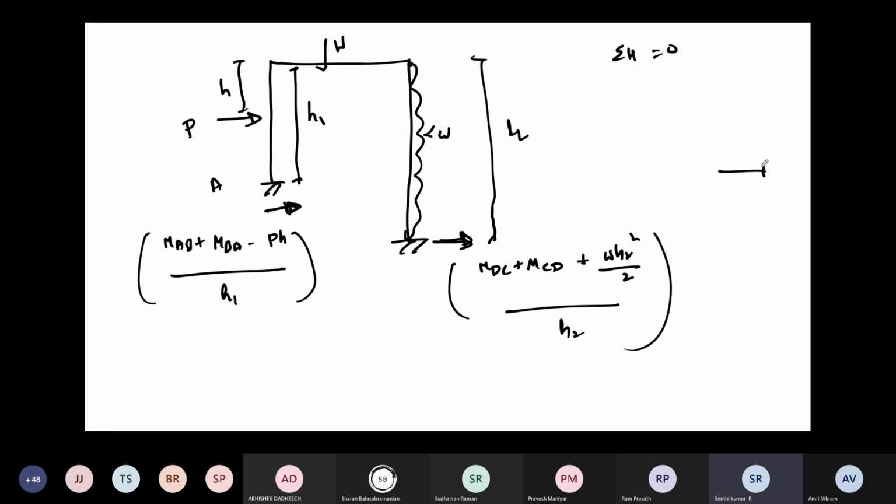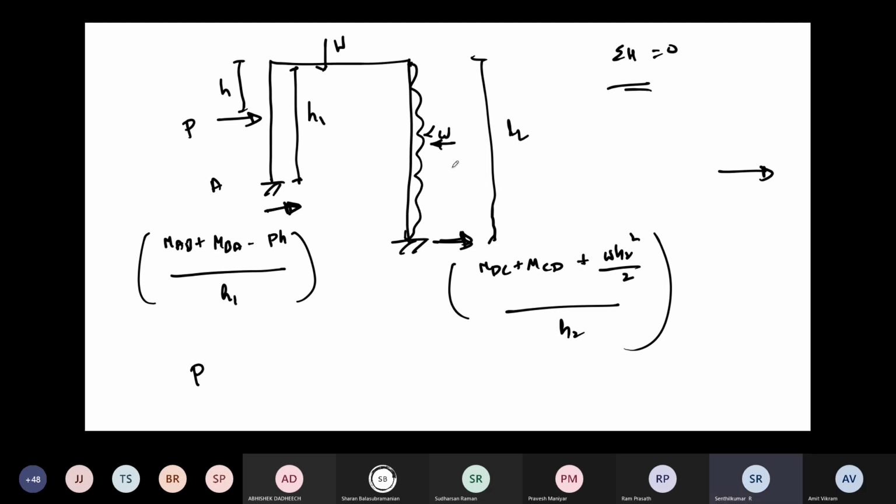If I'm taking everything in this direction as positive, what will be your sigma H equal to 0? Sigma H equal to 0 will have the P value there. Then this W acts like this only.